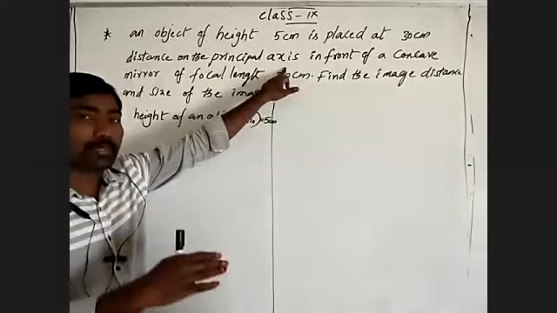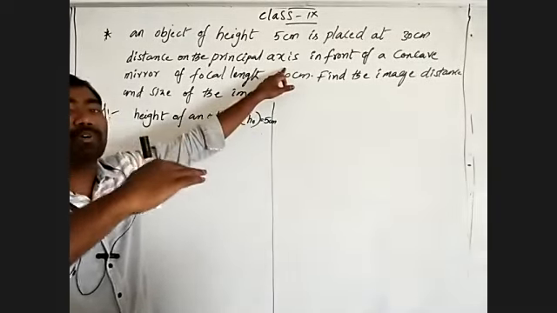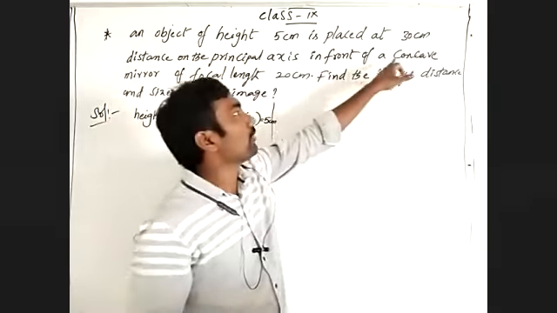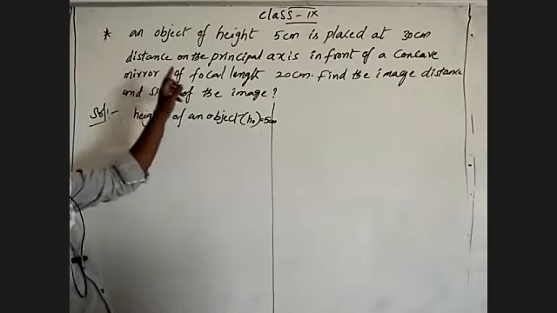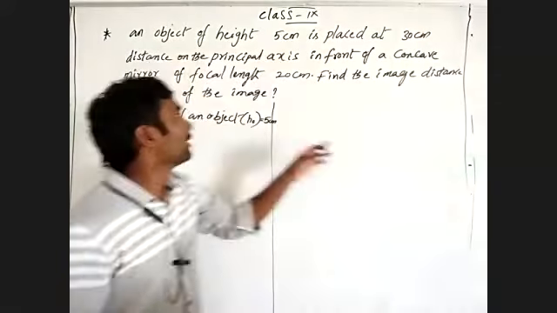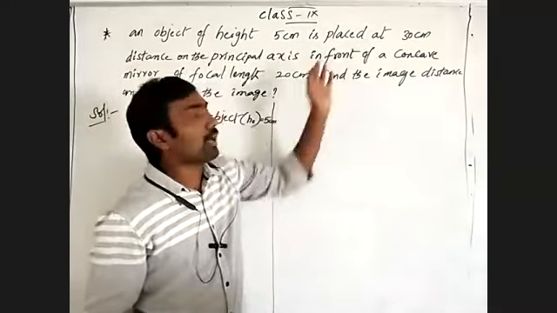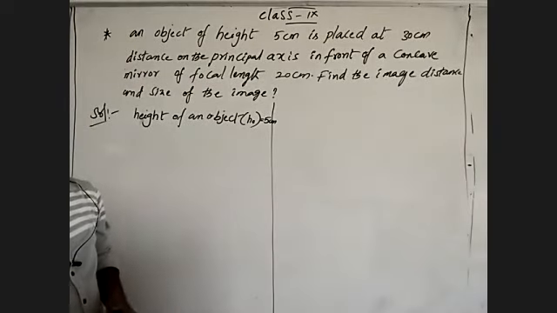Generally, we have to consider it on the principal axis, in front of a concave mirror. Which mirror is given to us? A concave mirror. The object is placed in front of a concave mirror.